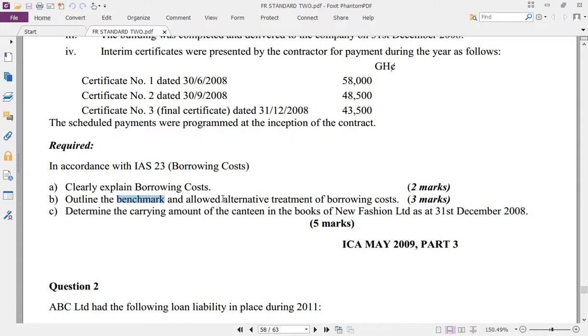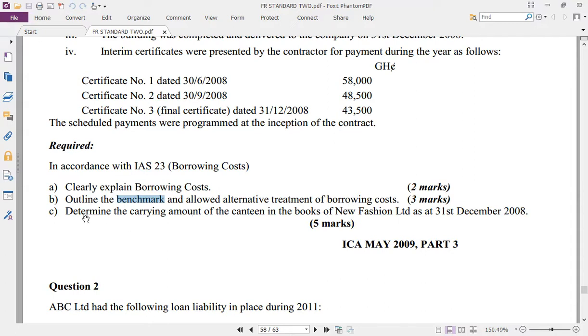And what is allowed, the alternative treatment of borrowing costs, is that under IAS 23 some of the borrowing costs eligible for capitalization need to be capitalized, or all borrowing costs eligible for capitalization should be capitalized.